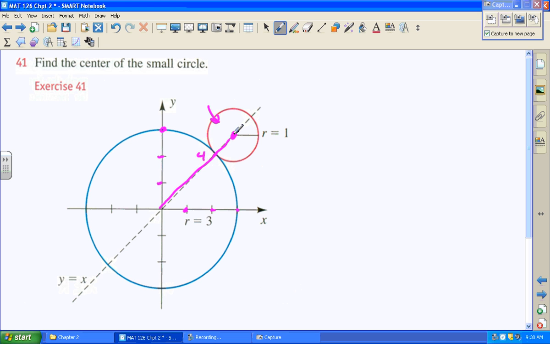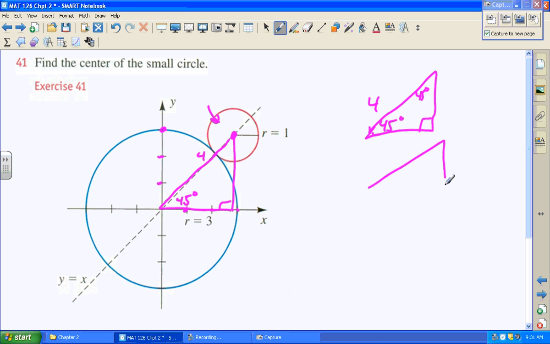Gotcha. Well, how do you know the... Oh no. Not that again. 45 degrees. Still, this is 4. 45 degrees? You've already had this. How do you label this triangle? 45, 45, 90? Yes.